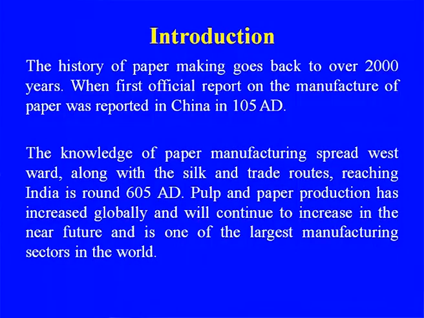Let us go into the history of paper making. The history of paper making goes back over 2000 years, and the first official report on the manufacture of paper was reported in China in 105 AD. Now, you are seeing all the old manuscripts are available on paper, and this is only because of the development of the handmade paper that was there earlier.